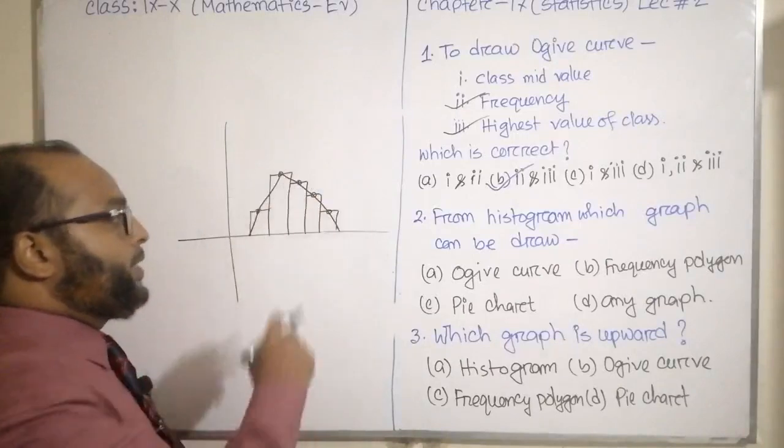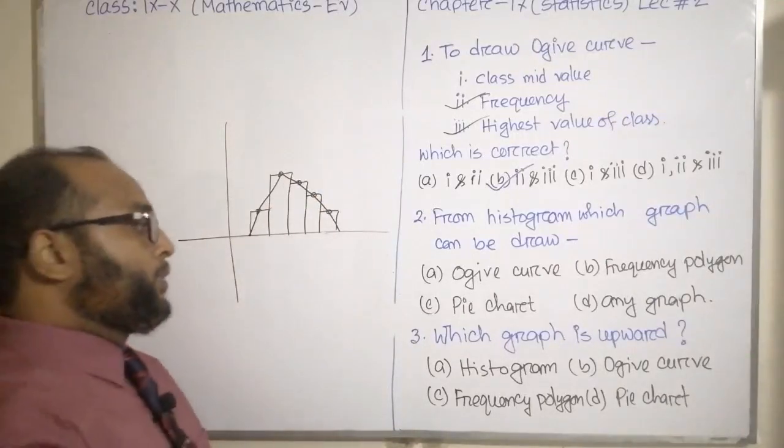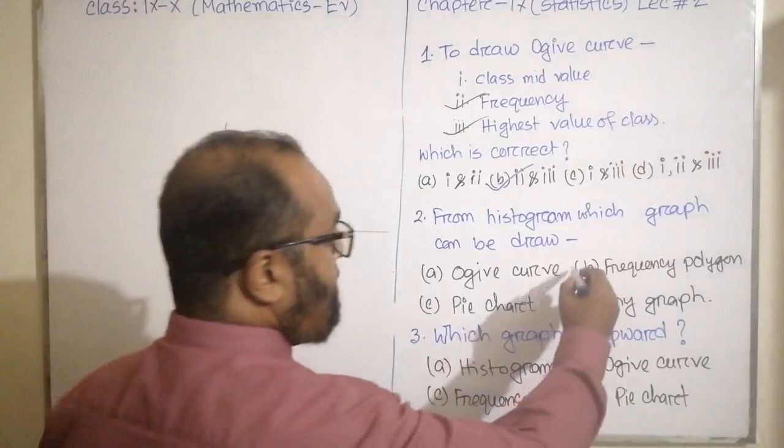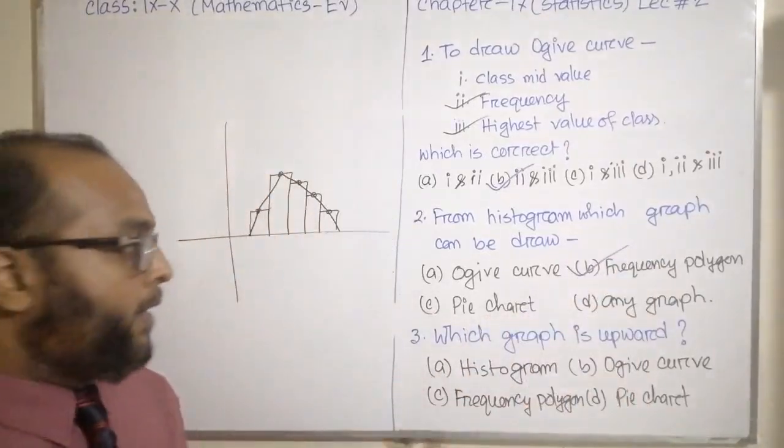This graph is the frequency polygon. So here the answer is B.